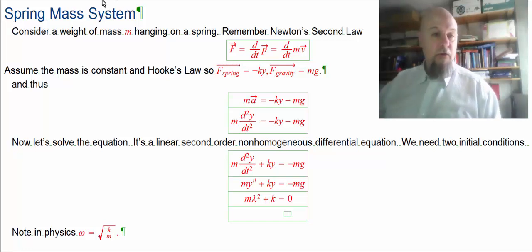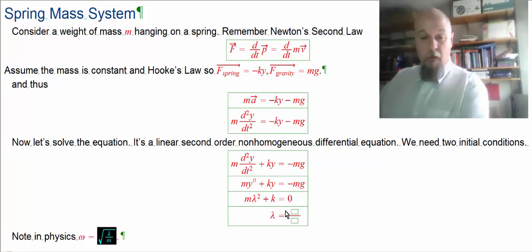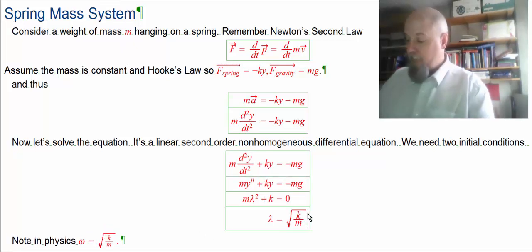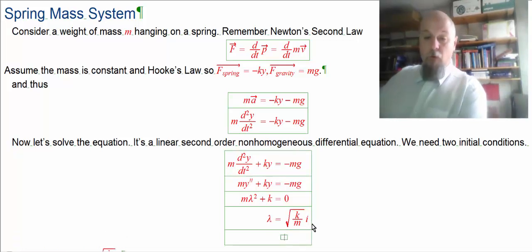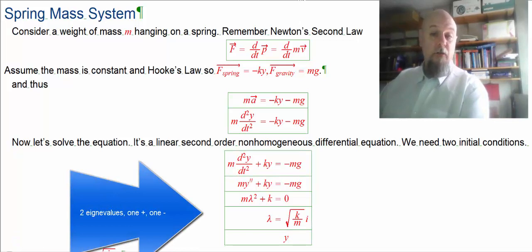Our eigenvalues are plus or minus root k over m times i, purely imaginary eigenvalues. And we know how to solve this. We know how to get our homogeneous solution.